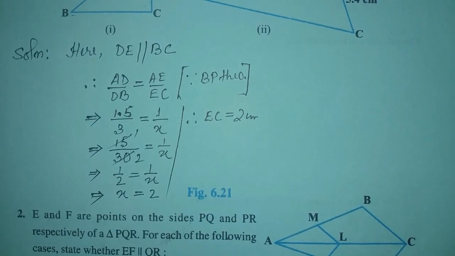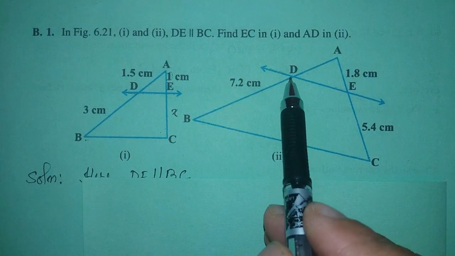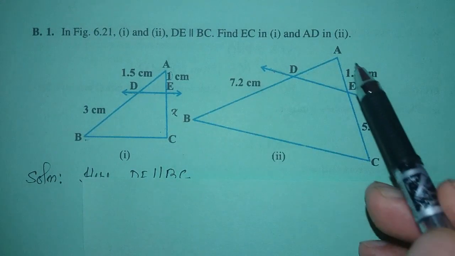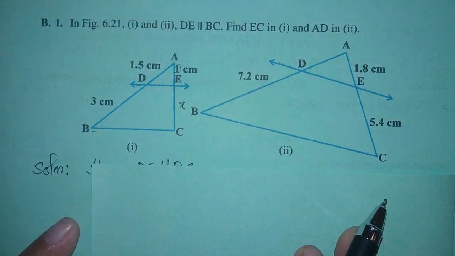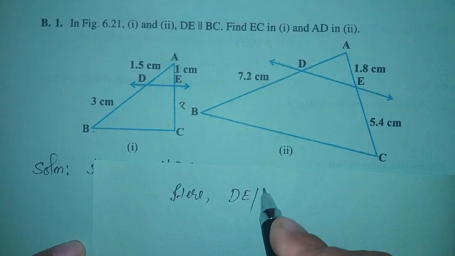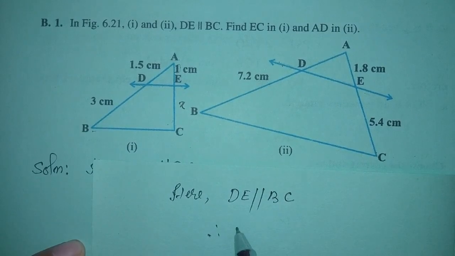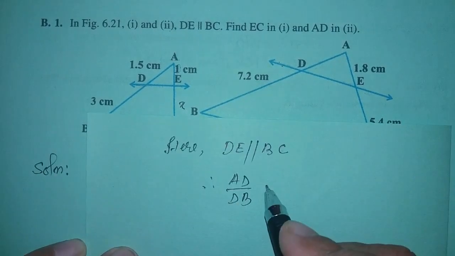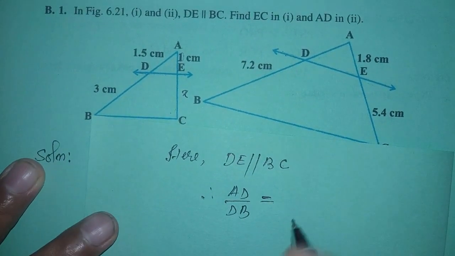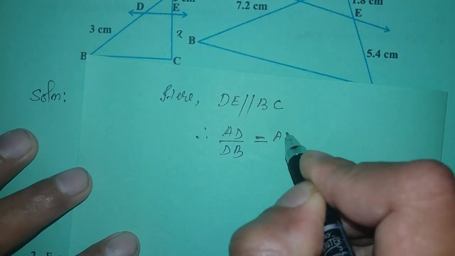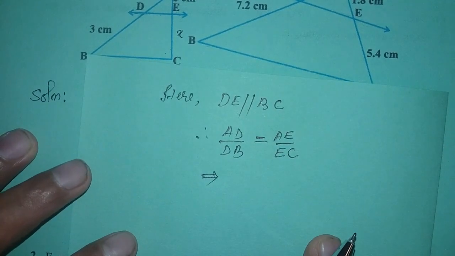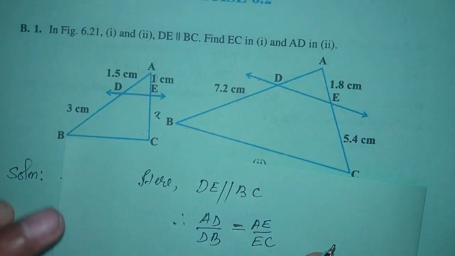Now let's see the second figure. Here in the second figure also, DE is parallel to BC, so therefore AD by DB will be equal to AE by EC. So again here also we're going to write DE is parallel to BC, therefore AD by DB is equal to AE by EC. Now AD is what we're going to find out.